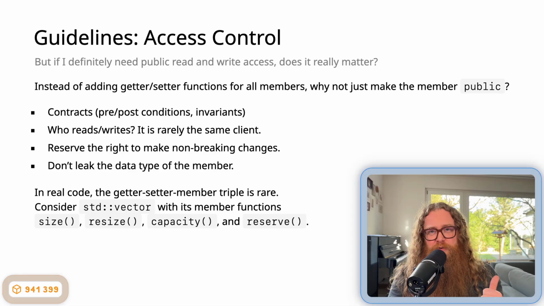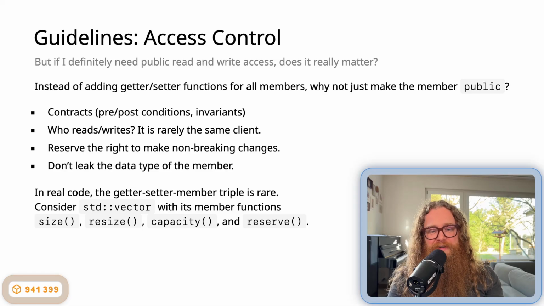Number one, you want to implement invariants, and maybe you cannot think of invariants yet, but maybe you realize them later. So if you want to add a precondition, if you want to check a precondition, then the easiest way is to do that in an accessor function.